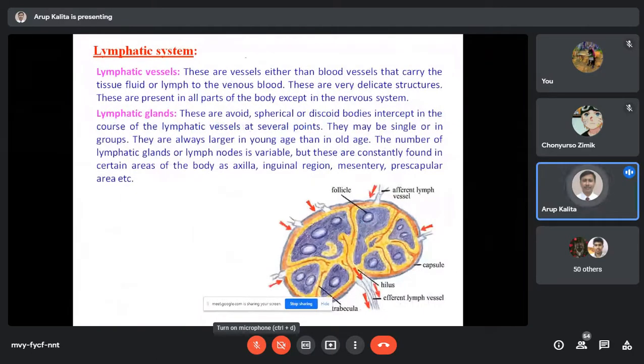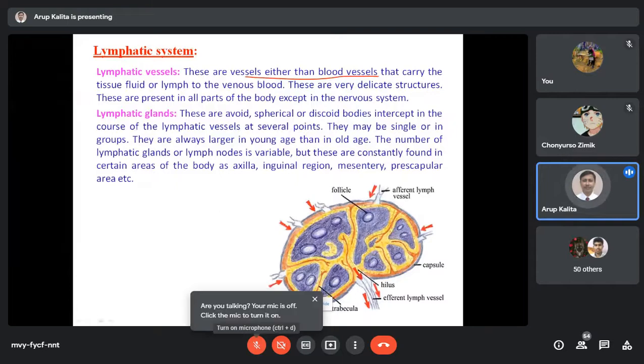Now, lymphatic vessels. Lymphatic vessels look like blood vessels. The structural similarity is more towards the veins, because lymphatic vessels are also thin-walled like the venous system, and they also carry valves like the vein, because the flow of lymph is very less, so it may reverse back.